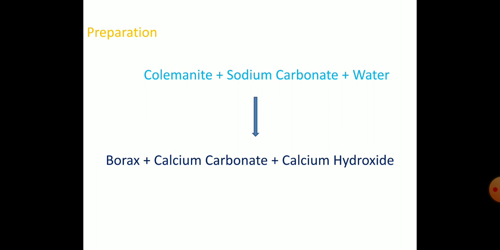So how is borax prepared? When colemanite is boiled with the aqueous solution of sodium carbonate, we get borax, and here the byproducts are calcium carbonate and calcium hydroxide.